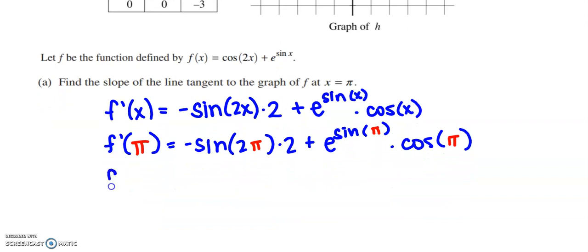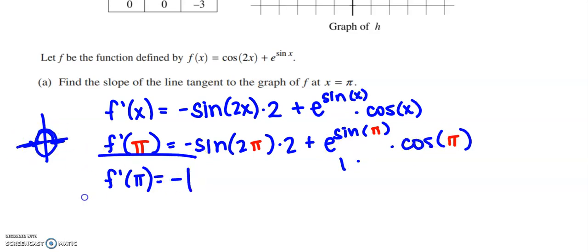So f prime of pi will be equal to, well, the sine of 2 pi is 0. So 0 times 2 is still 0. E to the sine of pi, well, the sine of pi over here is 0. So this is going to be e to the 0, which is really 1, times the cosine of pi is -1. So 1 times -1 is -1.